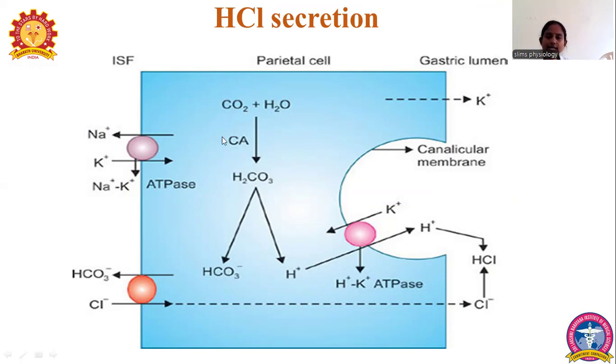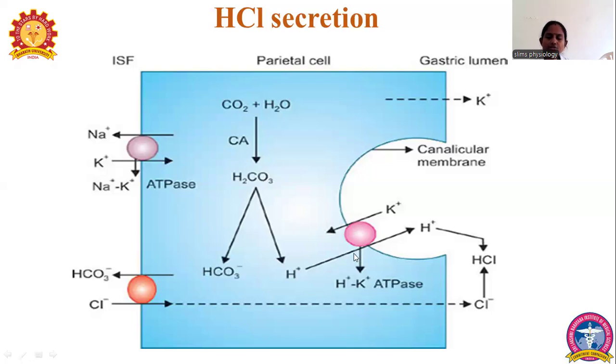This reaction is catalyzed by the enzyme carbonic anhydrase. The carbonic acid formed again dissociates to form hydrogen and bicarbonate. The hydrogen formed by the dissociation of carbonic acid moves into the lumen in exchange for potassium.